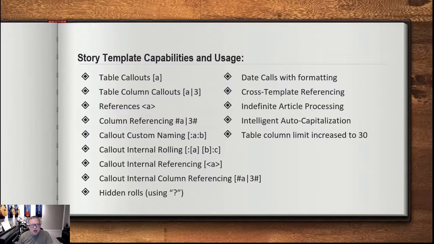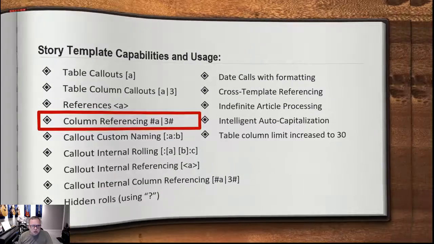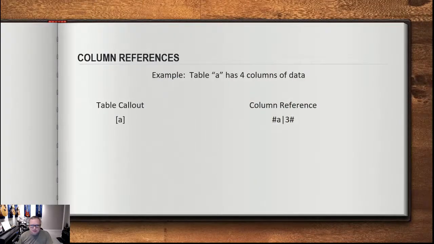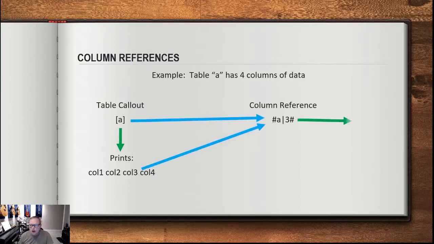The first one is column referencing. What this means is we've got table A with 4 columns of data. We're going to call that table, we're going to get all 4. Now if we use the column reference, and this is using the hashtag or the pound sign or the waffle, whatever you want to call it, I'll call it hashtag. When you surround what would normally be a column callout with these hashtags, we're going to reference what you've called out before.